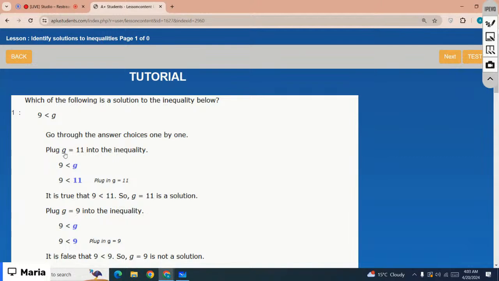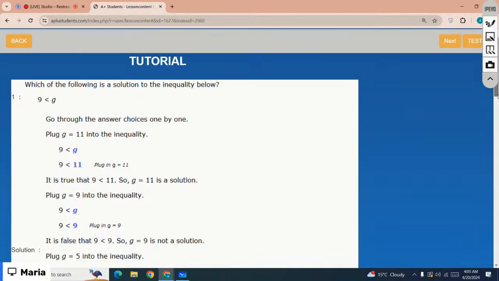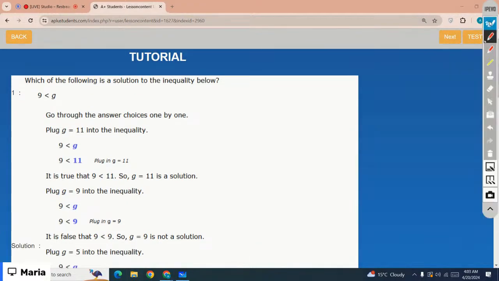The choices you are given: 11. 9 is less than 11, true it is, right? That means yes, g equals 11 is a solution.